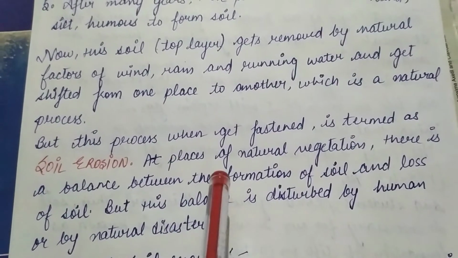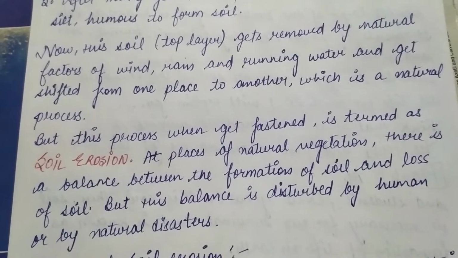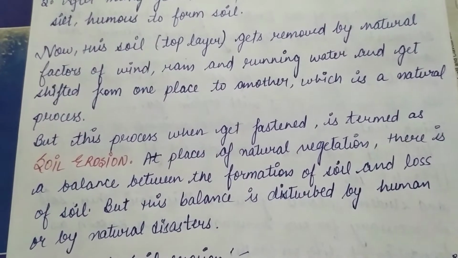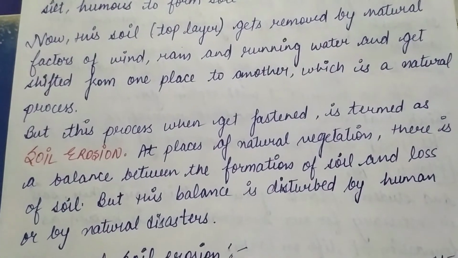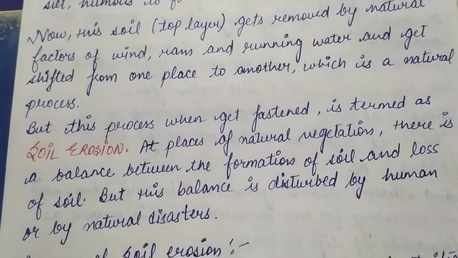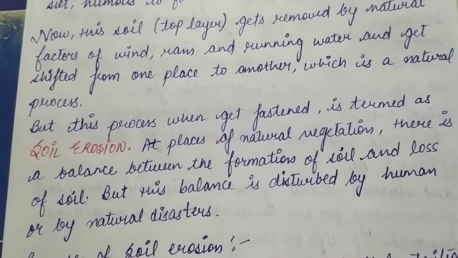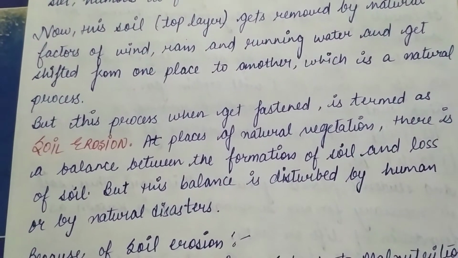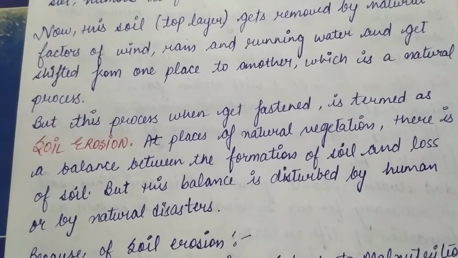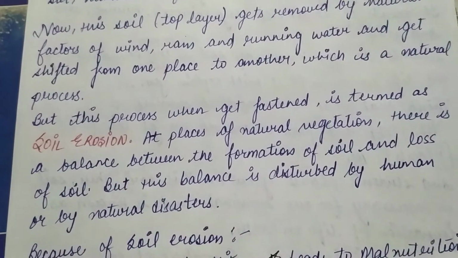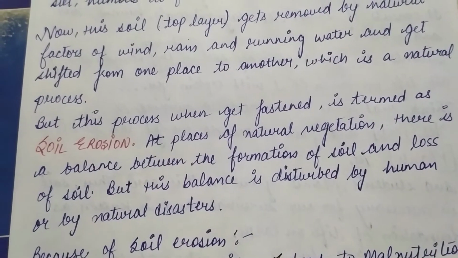Now, at places of natural vegetation, there is a balance between the formation of soil and loss of soil. But this balance is disturbed by human efforts or by natural disasters.